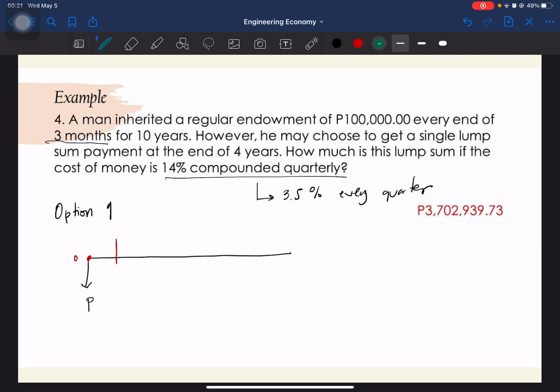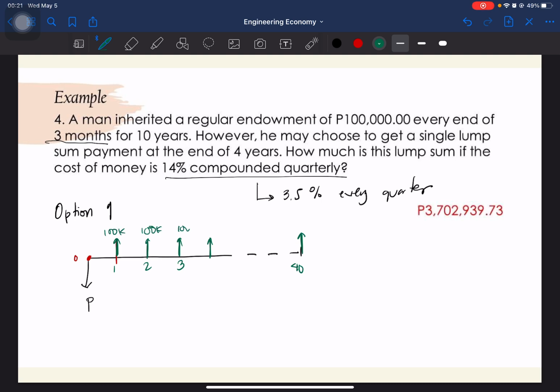Makakuha siya ng pera every quarter. So, first quarter, second quarter, third quarter, fourth... Ilang quarters meron? 40, di ba? Kasi you have 4 quarters every year and that will happen for 10 years. So, you have 40. The end of the 40th quarter, that is your last 100K.